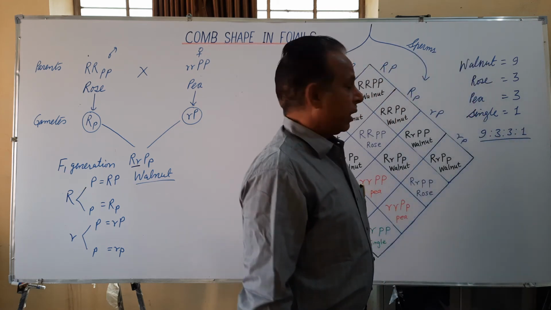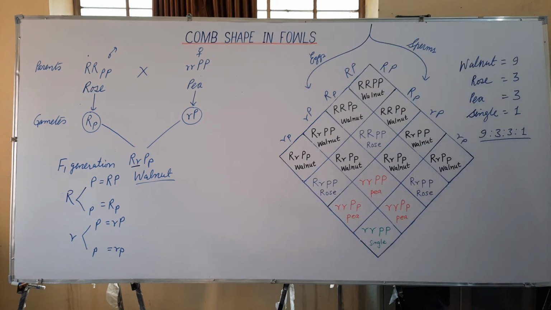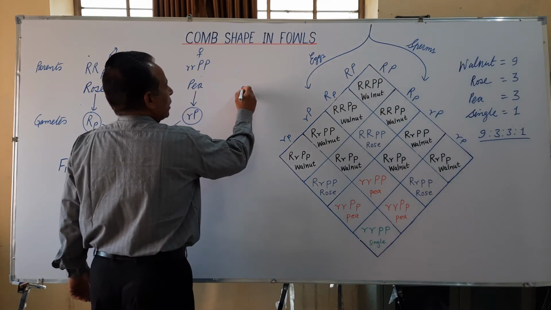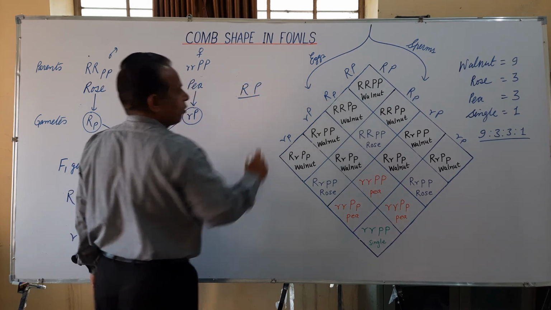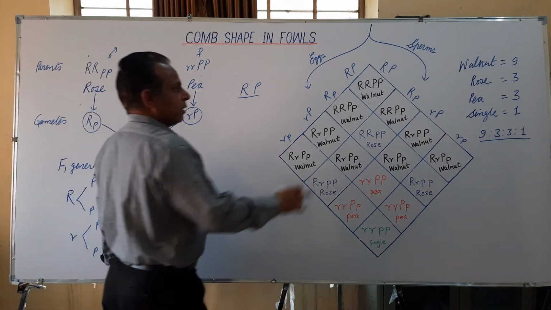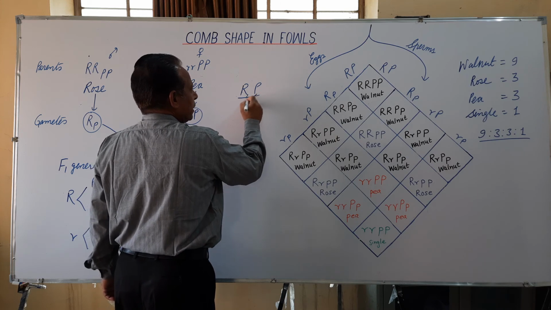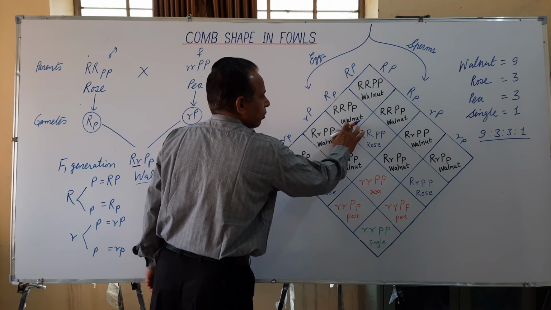This ratio is similar to the Mendelian dihybrid ratio. The Mendelian dihybrid ratio is allelic gene interaction, whereas this one is non-allelic gene interaction. These results reveal that when both genes R and P are present in dominant form, it gives rise to walnut, meaning the product of R and the product of P interact in such a way that it gives rise to the walnut shape of the comb.